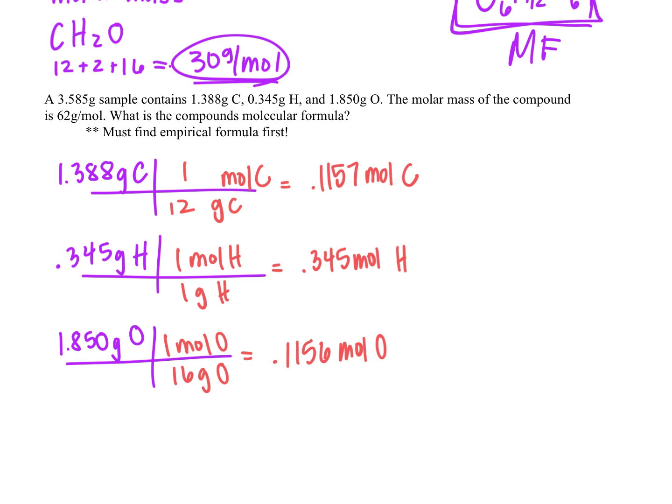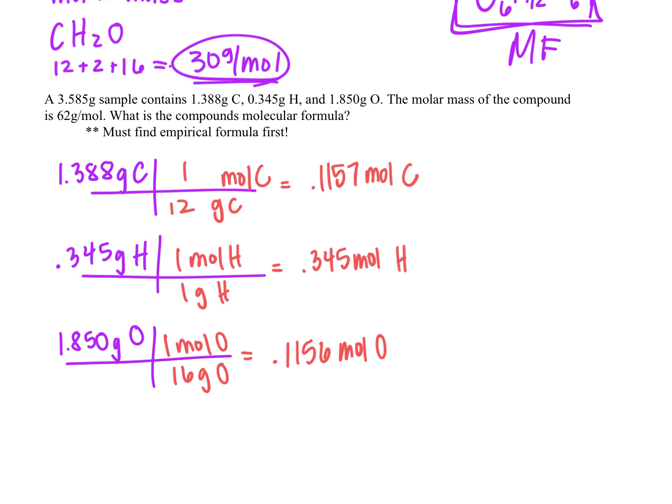Okay, do those values look similar to what we had? Okay, now we've got them each in moles. Our next step is to, what do we think? Divide them by the smallest number of moles.